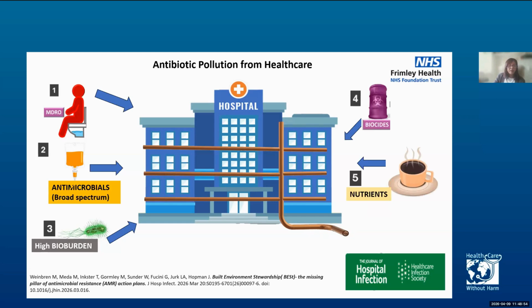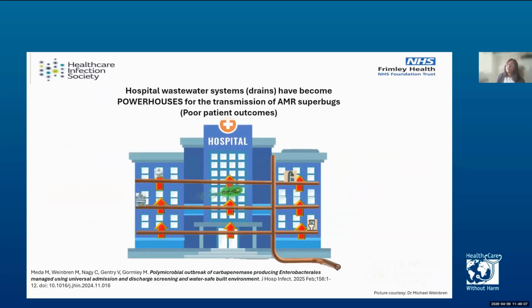And we know a lot of sugary substances go into our drainage systems, which means that's food for the bacteria. And the temperatures are almost perfect for bacteria to thrive and multiply. So what we're creating in hospital wastewater systems is a perfect reservoir, or hospitals have become perfect powerhouses for transmission of AMR superbugs, but also generation of new resistance mechanisms.